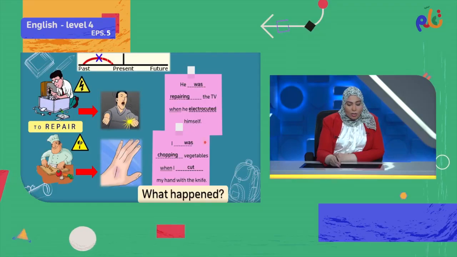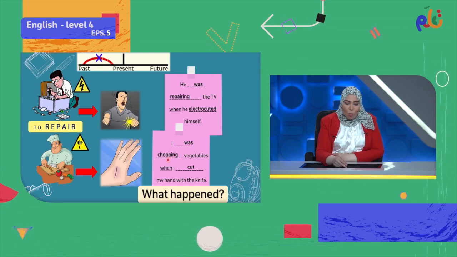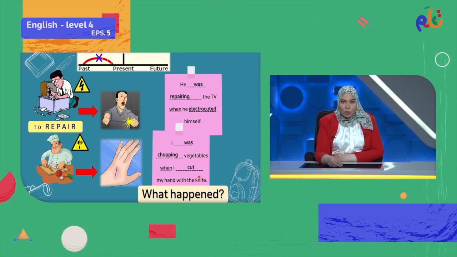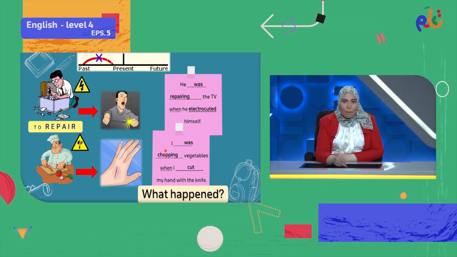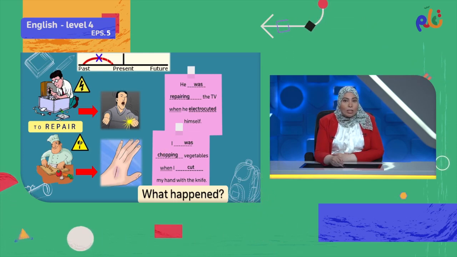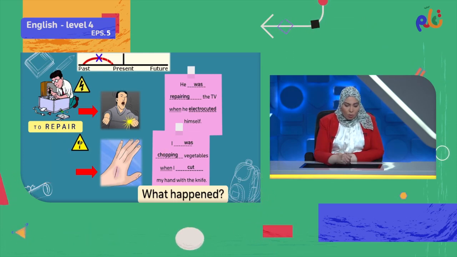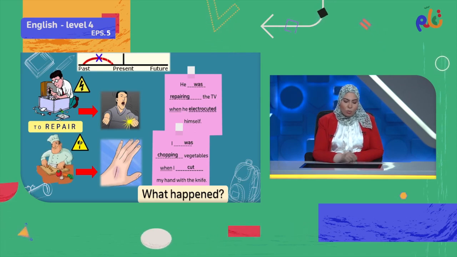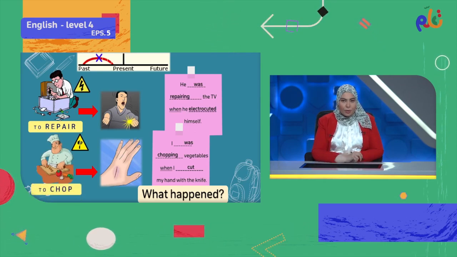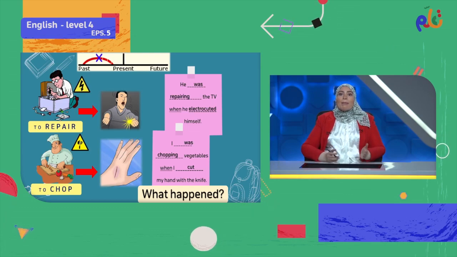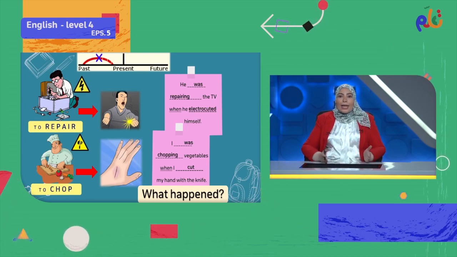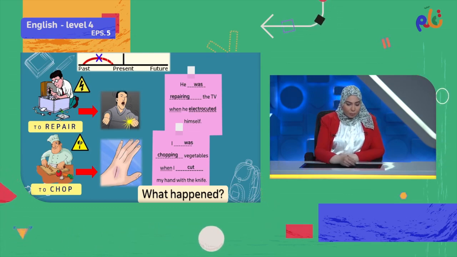So I was chopping vegetables when I cut my hand with the knife. So this chopping was stopped. What stopped it? The cut. So when I cut my hand with the knife, this is what happened. So that's how we speak about any incident or any unfortunate events.